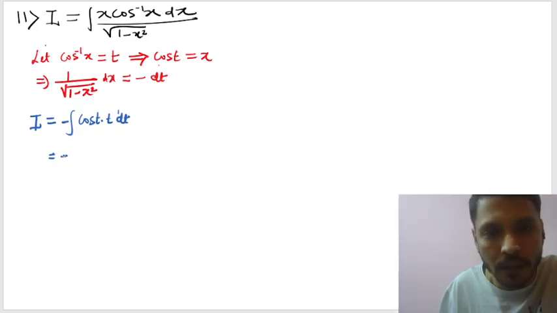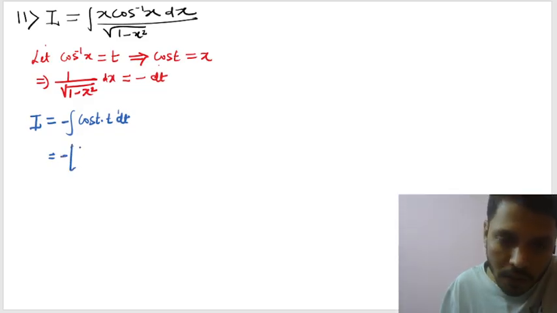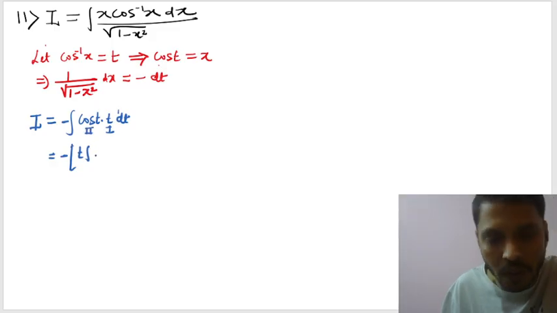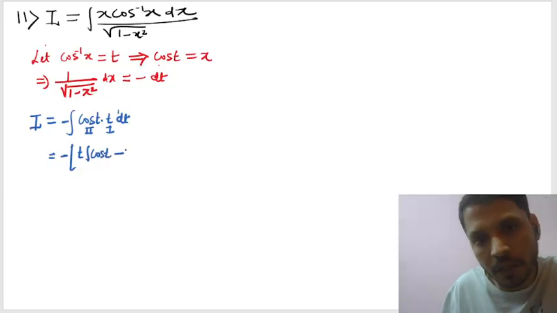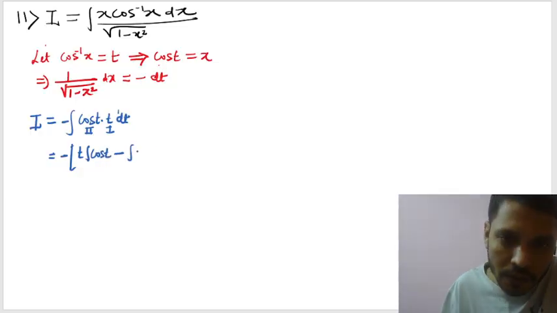So the minus sign is outside and we take t as the first function and cos t as the second function according to the ILATE rule. We integrate the second function, which is cos t, so we write cos t as it is, and then minus the integration of d dt of the first function.